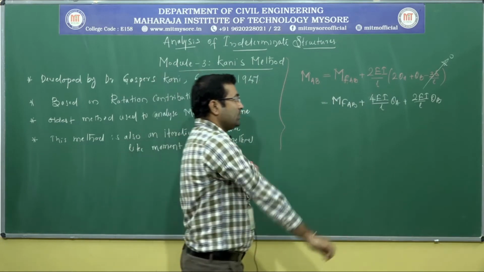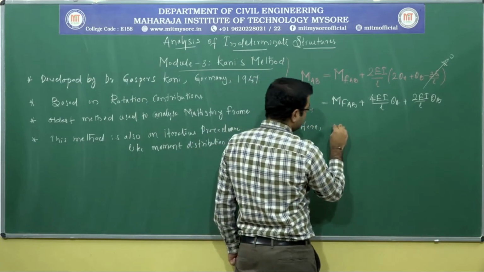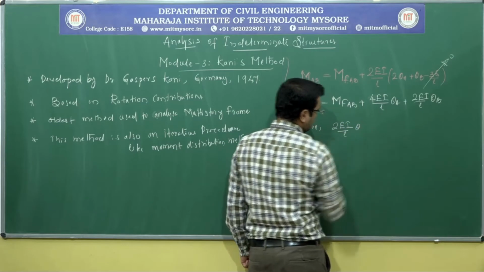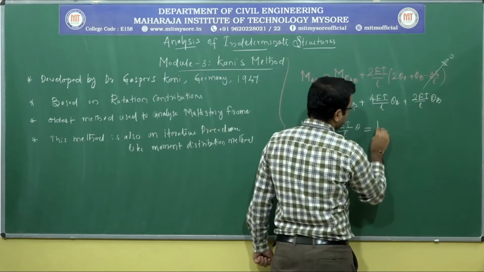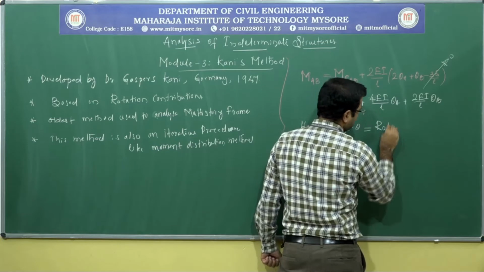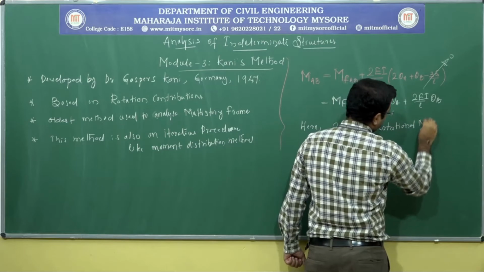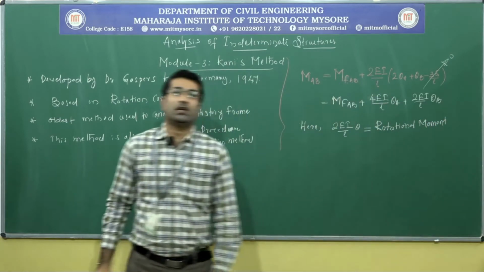Here the term 2 EI by L into theta is nothing but the moment due to rotation at any joint, which is called the rotational moment, or also the rotational contribution.